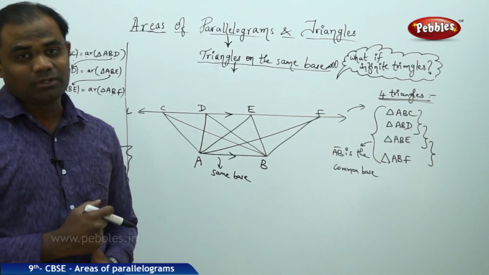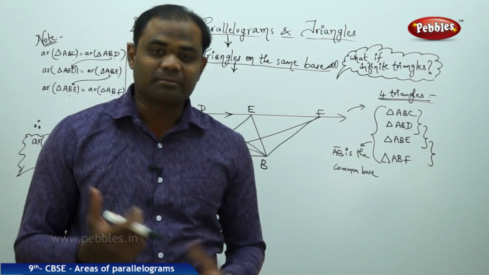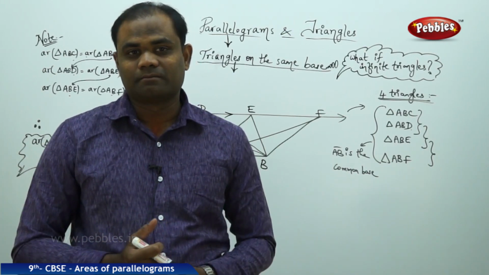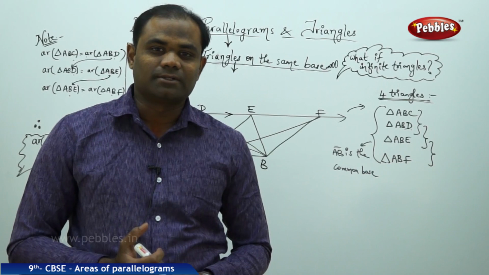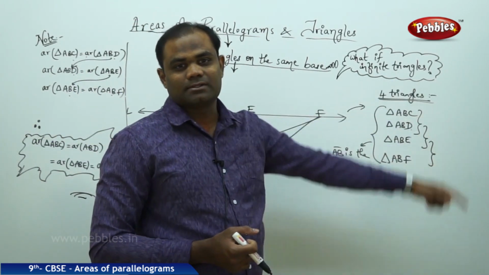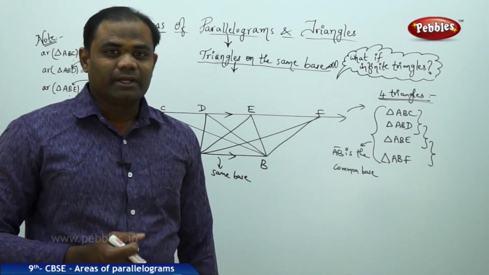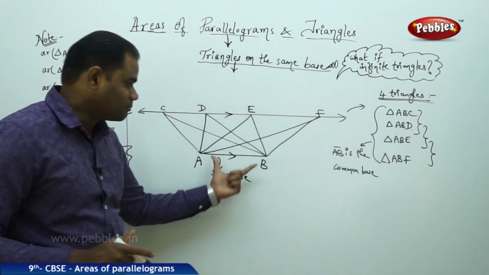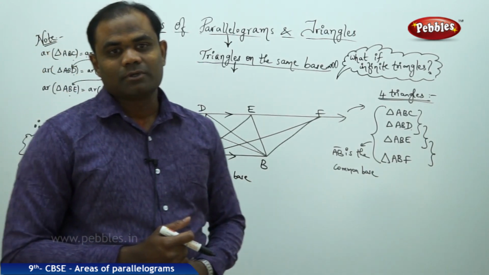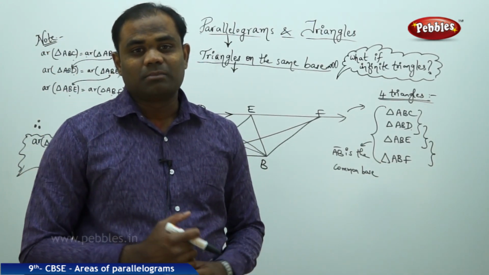Therefore, if I have more than 2 triangles on the same base and between same parallels, all the triangles must have equal area, is how we understand the concept. So even if there are infinitely many triangles, they have equal areas if they are on the same base and are between same parallels. It's not restricted to two triangles, but more than two.